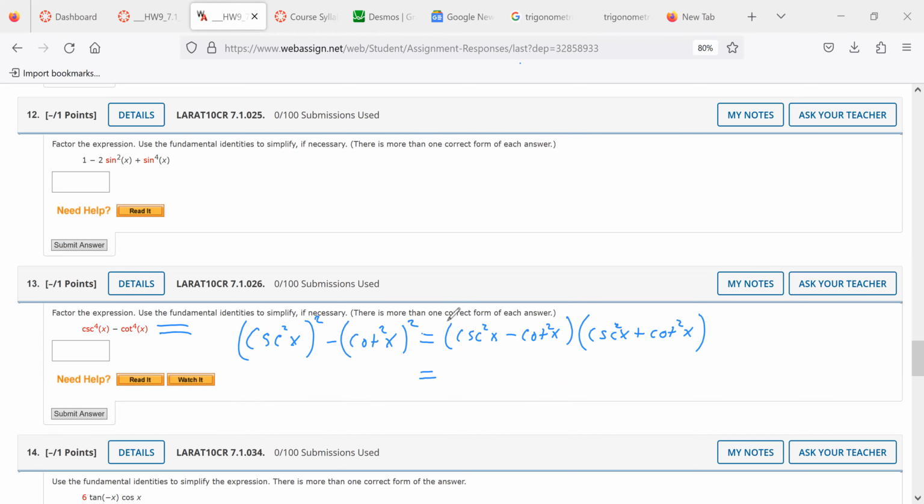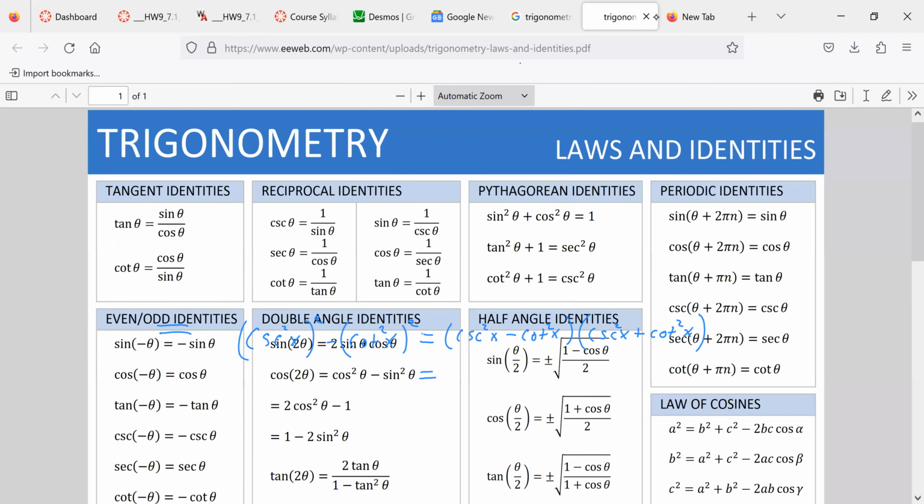Although, that wouldn't be simpler, that would be more complicated, wouldn't it? They said simplify. Let's look at our identities. We could change the cosecant squared into cotangent squared theta plus 1 with the Pythagorean identity.